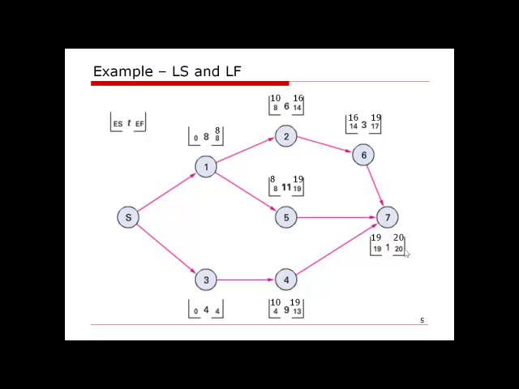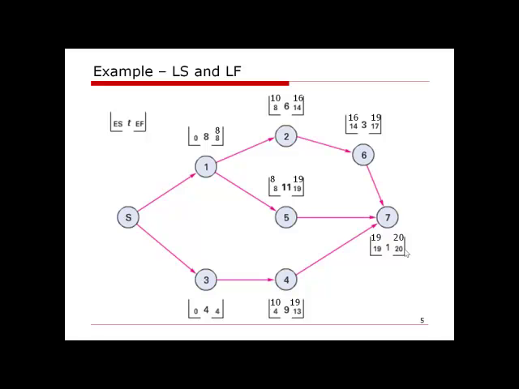Since activity 5 has an earlier starting time requirement, week 8, activity 1 needs to be finished in week 8 instead of week 10, because if activity 1 finishes in week 10, then activity 5 will be delayed, which will cause trouble for the whole project. So we pick the minimum number as our late finish time. And similarly, we can derive all the information of the late start and late finish.